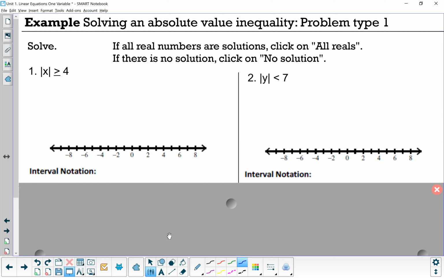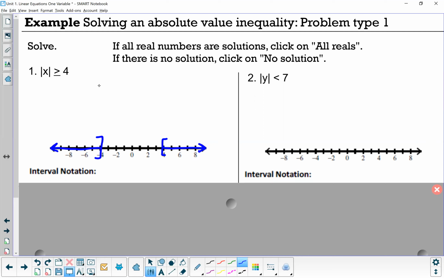All right, so number 1, you have absolute value of x is greater than or equal to 4, right? We're going away from 0. So we have a square bracket at 4, shaded to the right, a square bracket at -4, and we're shading to the left.